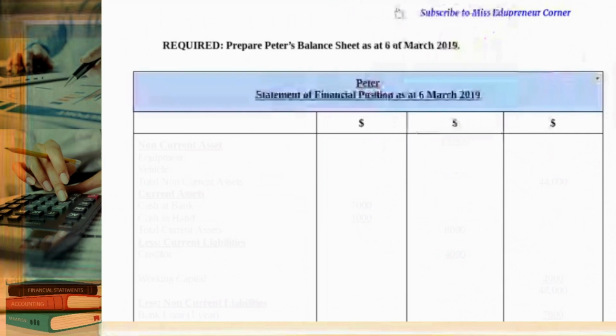So there we have it. That's our title. So it's Peter's balance sheet. Statement of financial position as at 6th of March 2019. So it answers the 3 questions: whose, what, when.